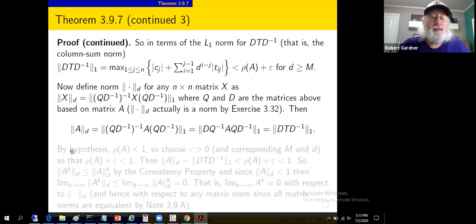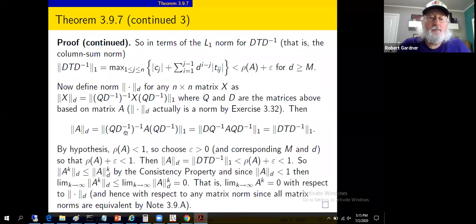We've just shown that the D norm of A equals the L1 norm of DT D inverse. We just found an upper bound on the L1 norm of DT D inverse. Well, then we just found an upper bound on the D norm of A, because those are equal.